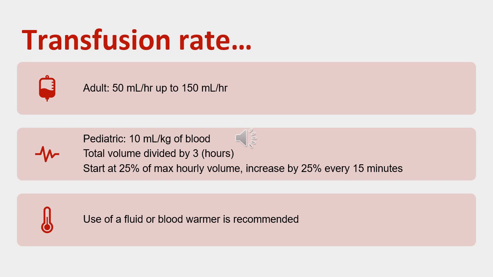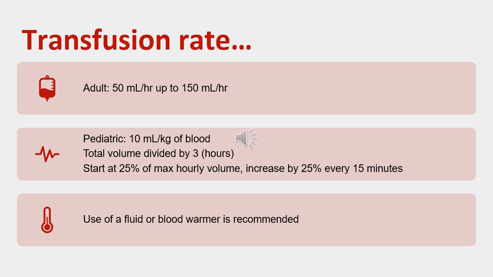For pediatric patients, the recommended transfusion volume for blood product is based on their weight. It is recommended to transfuse 10 milliliters per kilogram of body weight of a blood product. This total volume is recommended to be administered over a 3-hour period.